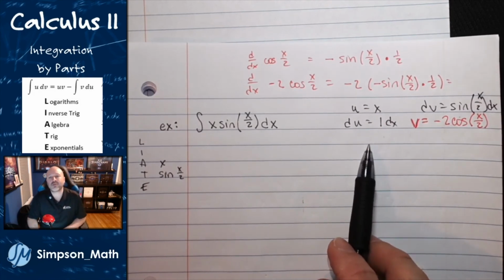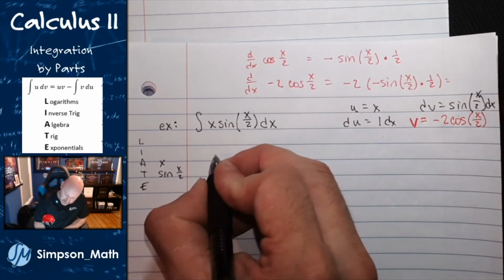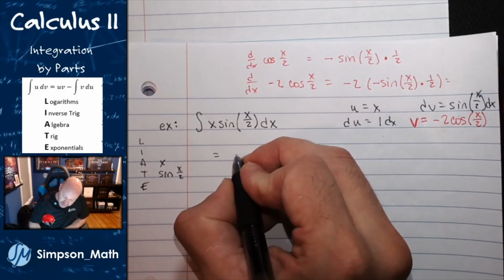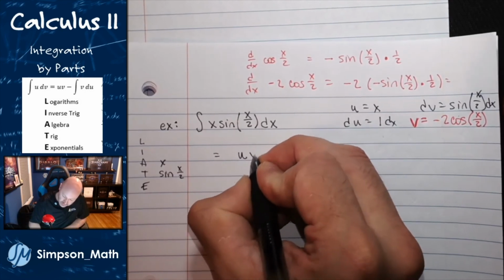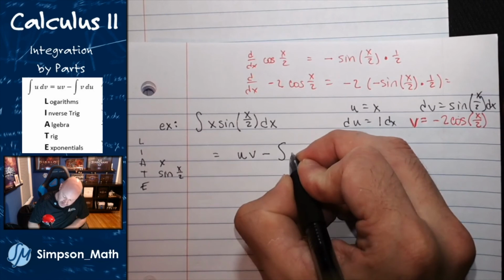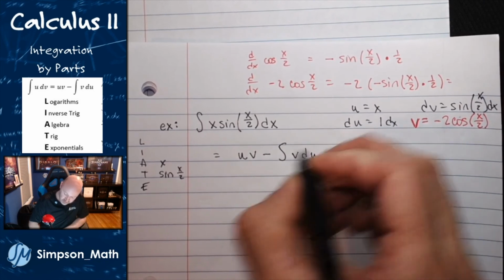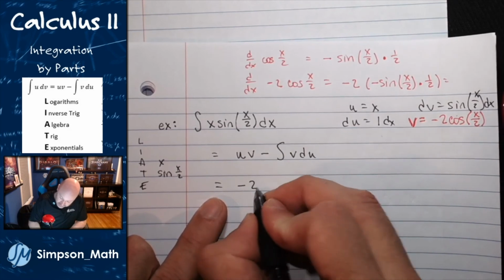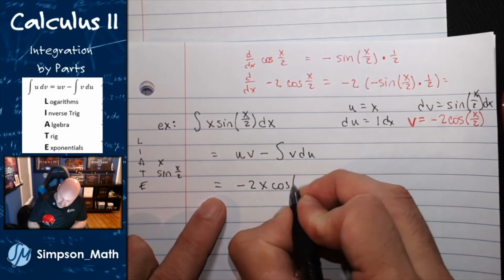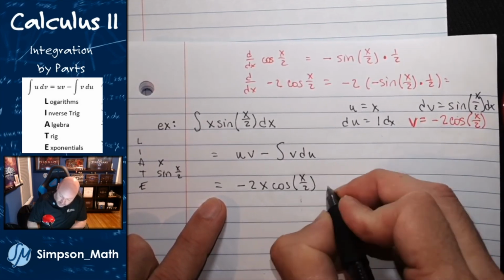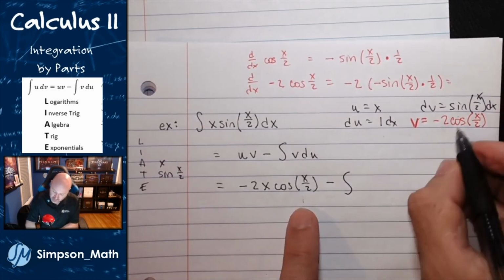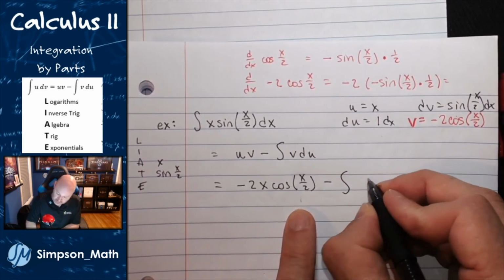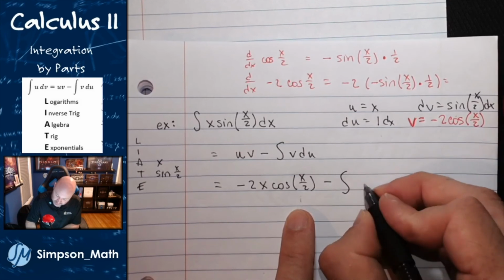Okay, then I can use the parts formula. This will be equal to u times v minus the integral of v du. So in this game, I've got negative 2x cosine of x over 2 minus the integral of, well, just that.